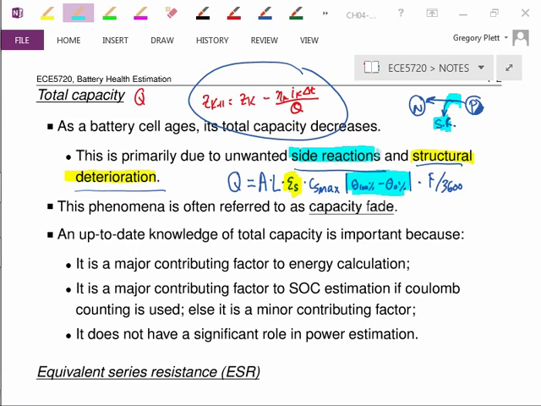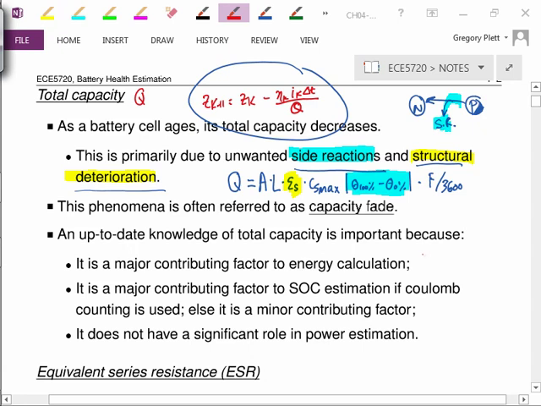So this phenomenon of capacity decreasing over time is referred to as capacity fade. And why do we care? Remember that energy is computed based on capacity. So a cell energy is equal to the cell capacity times the integral between Z min and ZT of OCV of a dummy variable, d dummy variable.